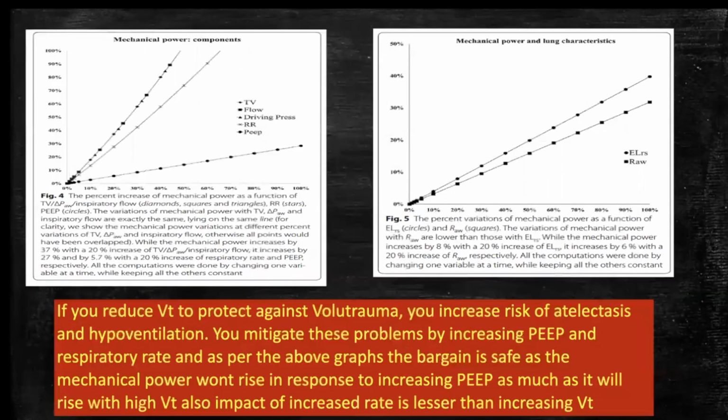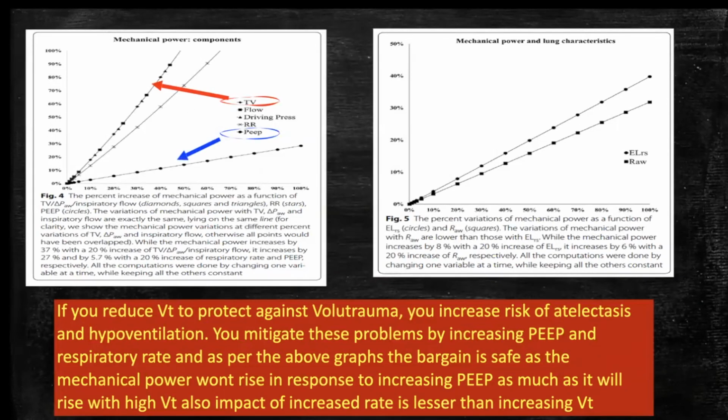So when you have a situation of poor lung compliance, you reduce the tidal volume. When you reduce the tidal volume, you are reducing the mechanical power. But when you reduce the tidal volume, you are also exposing the possibility of atelectatic trauma. So then you increase the positive end expiratory pressure to counter the effect of low tidal volume and atelectatic trauma.